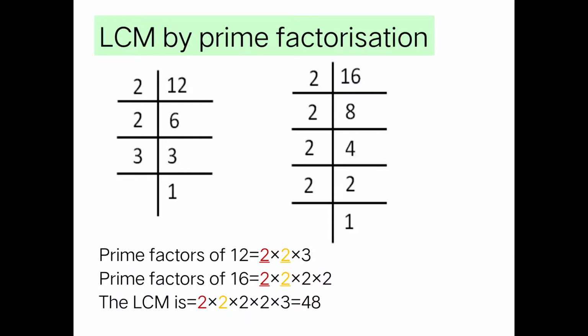Here the common factor in both numbers is 2, so I am marking it here. Then again one more 2 is common. Then we have 2 more 2s and 3. Once we have the factors, you multiply all the numbers and you will get the answer, which is the LCM 48.